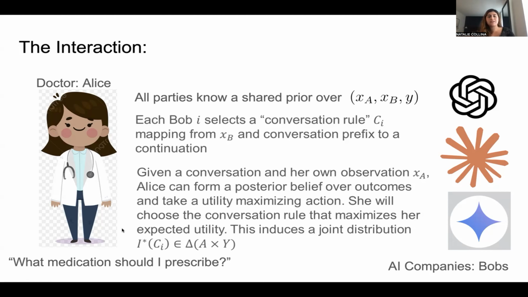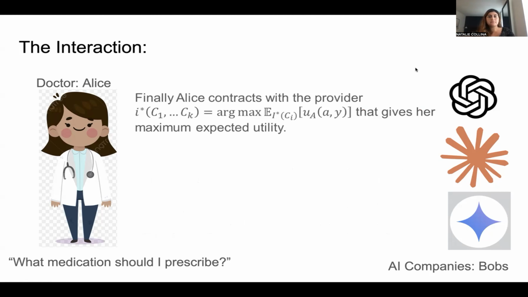And note that this joint distribution is enough to determine Alice's utility and also all the utilities of the Bobs. And then Alice is going to choose the provider, after some experimentation, which gives her maximum expected utility over these deployed models.